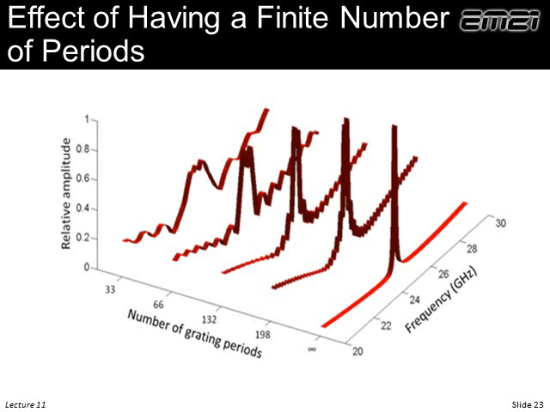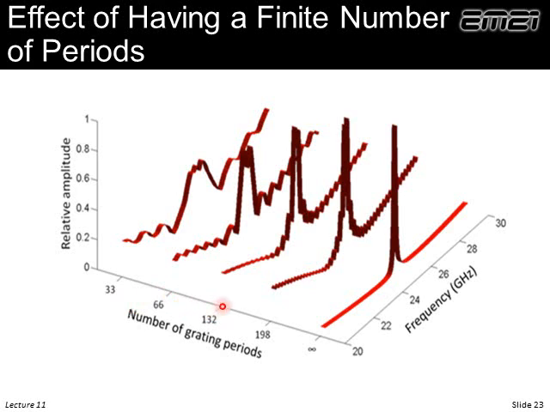Well, if we model this as an infinitely periodic device, here's the response we get. We get this nice clean resonance and a nice smooth background. Well, if we only had 33 periods for this particular design, we see something kind of noisy. Yeah, maybe there's something sort of happening here. By the time we get up to 66 periods, we see a lot of ripples outside our resonance, but our resonance is still a little bit ugly and weaker than it has to be.